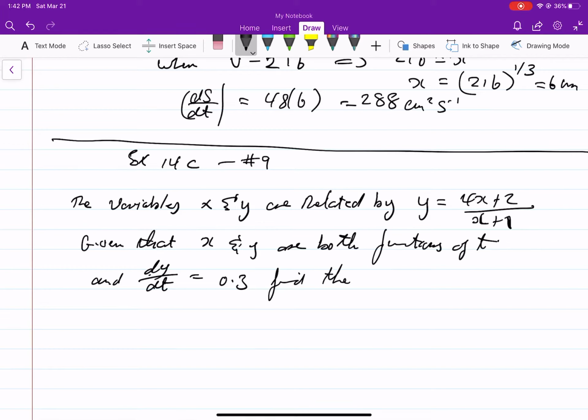Find the rate of change of x when y is equal to 5.